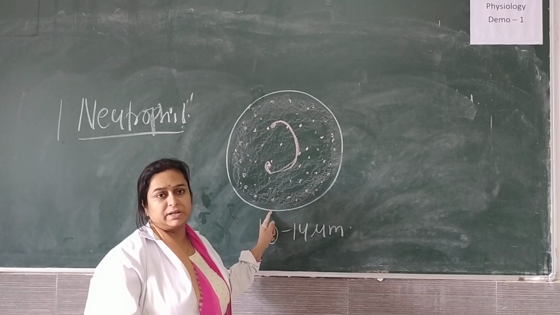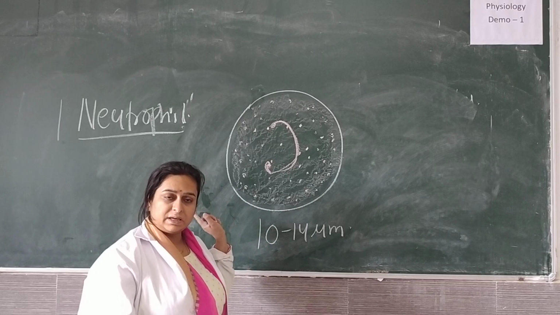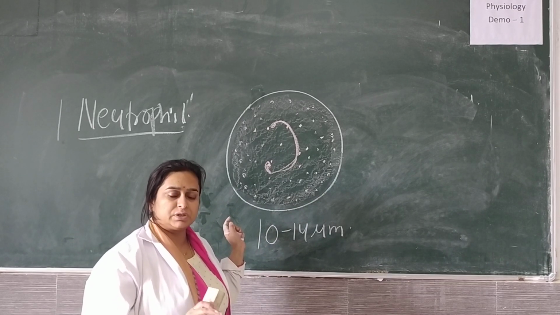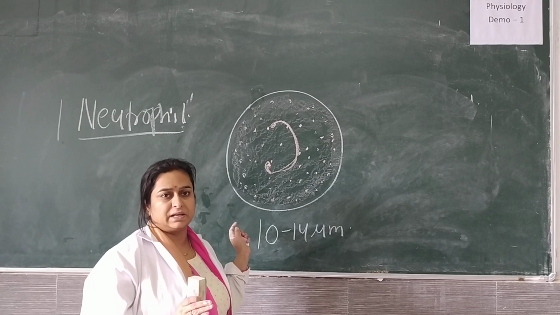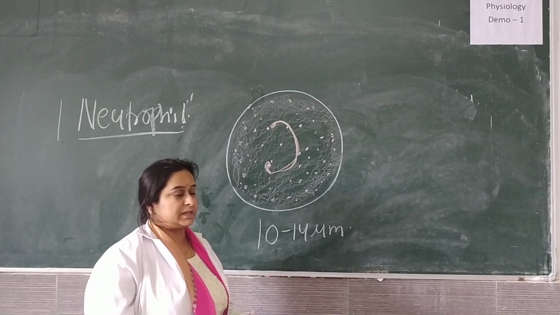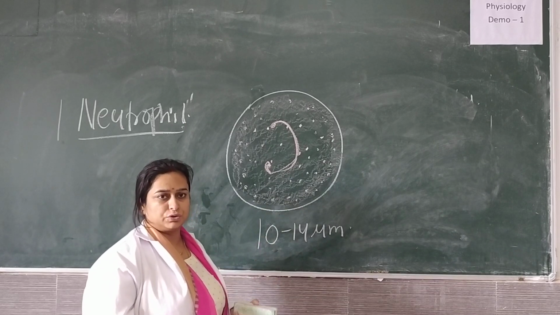In eosinophil the granules will take acidic stain, whereas in neutrophil, what color are we going to see? We are going to see pink and violet color. That is the basic difference that we must know to discriminate between neutrophil and eosinophil.